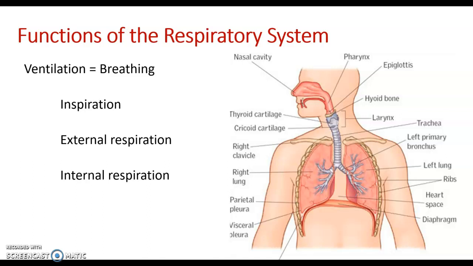So external respiration happens in the lungs, and internal respiration is going to happen in the other tissues of the body when we move that oxygen through the cardiovascular system into the tissues of the body. We call this the respiratory system because it's providing the cells of our body with a key ingredient needed to perform cellular respiration. And of course, also getting rid of the negative byproducts, that carbon dioxide.